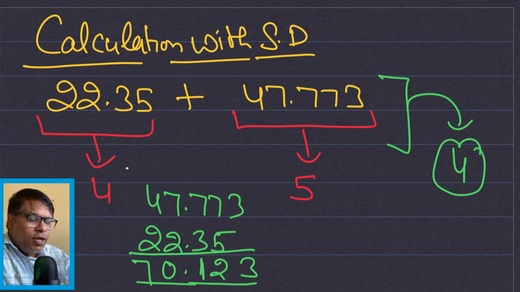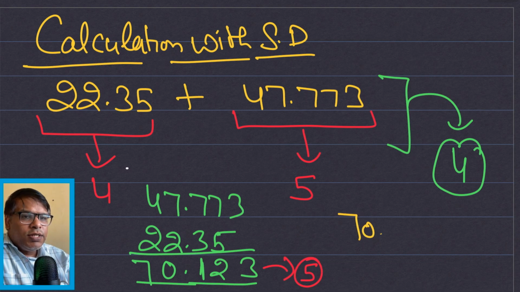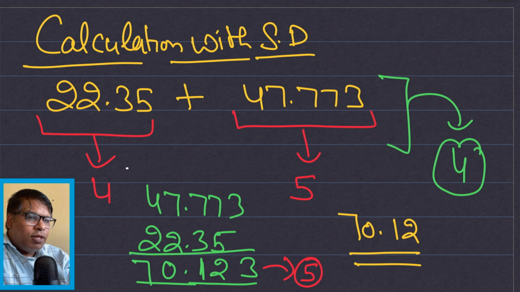But 70.123 has 5 significant digits, so you will round off. Your final answer will be 70.12. At the last place you have 3, which is less than 5, so you can round it off to 70.12. So this is your answer.